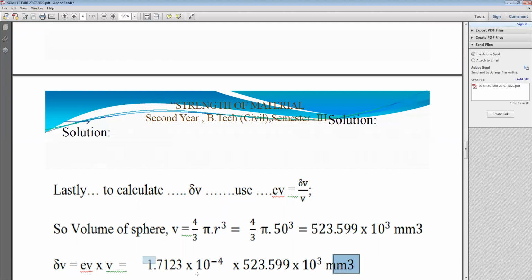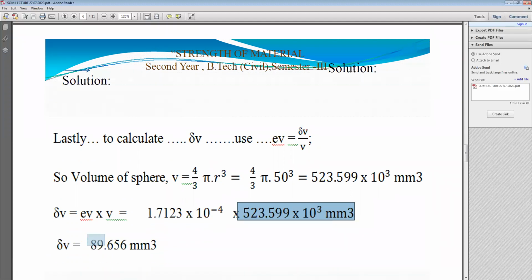So 1.71 into 10^-4 into 523.599 × 10^3, we can get the delta V. What is the value of delta V? Let me see here. Delta V is equal to 89.656 mm cube. This is the value of delta V. Please write in your notebook.